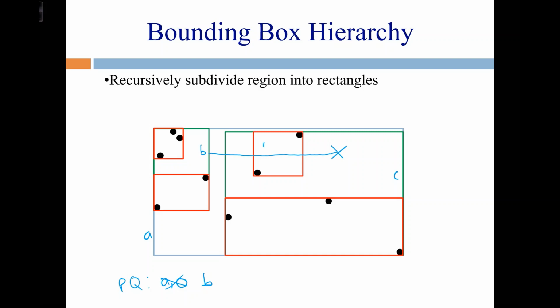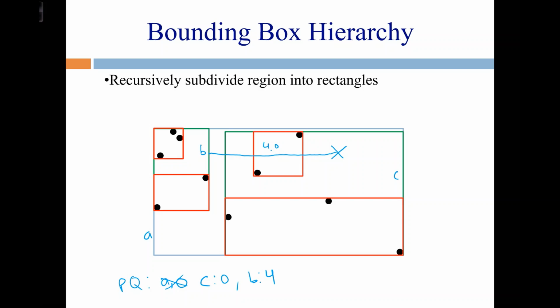Let's call that 4. I'm just making that up. That's 4 units. The distance from x to the C box is 0 because it's inside that box. Since this is a priority queue, we're going to have C on there first with 0, and then B with 4.